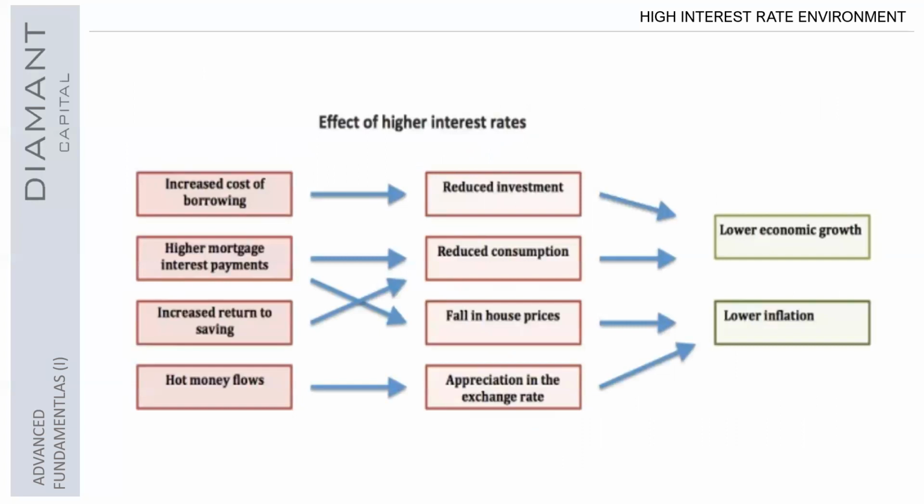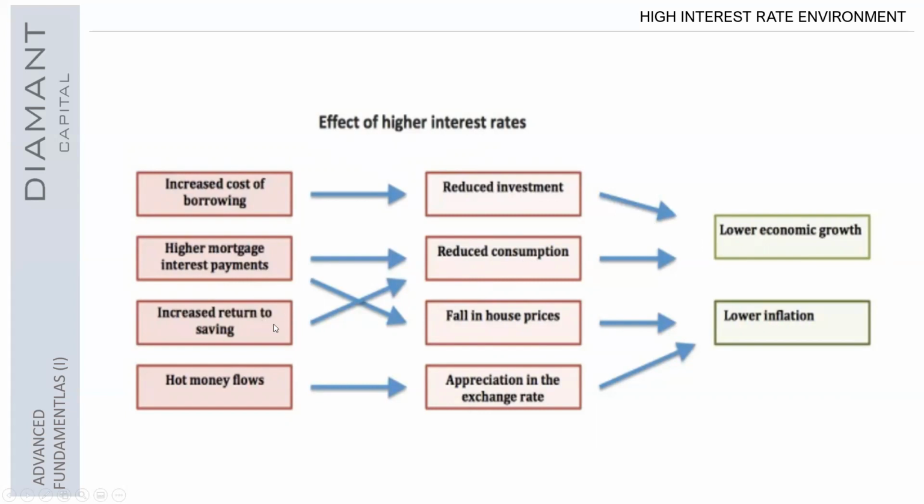Now, when I was doing the research, I just found this interesting diagram that I couldn't find for the low interest rate environment, but this is a perfect explanation of what we see in high interest rate environments, and then where we start to see deflation occur. So things like increased cost of borrowing means a reduced investment, lower economic growth, higher mortgage interest payments, reduced consumption, also defaults on those payments as well.